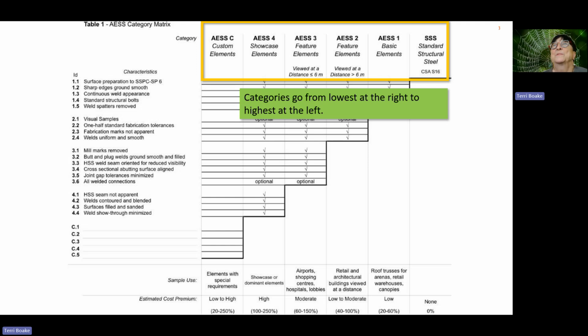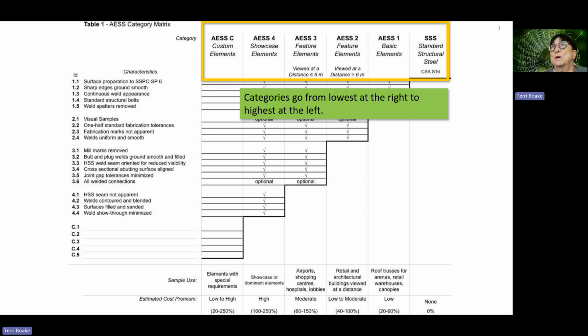So across the top, we divide it into our basic categories. So all steel in Canada starts with standard structural steel, which is defined by CSA standard S16. But mostly it would be concealed in a project, hidden behind drywall or false ceilings.